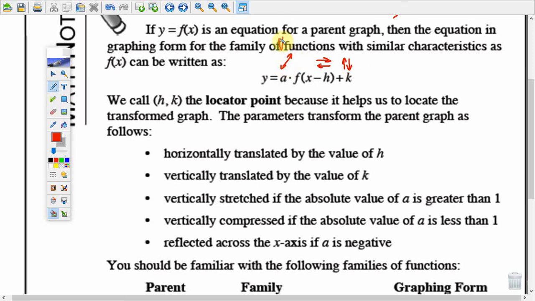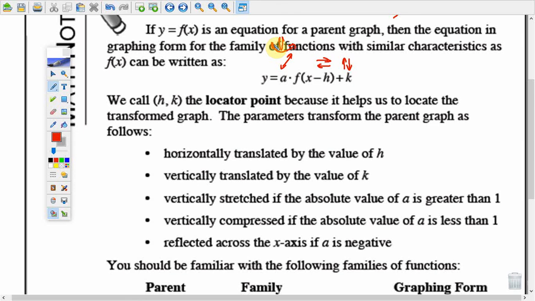That's what gives us tall skinny parabolas versus big open parabolas. It adjusts the location of that y value. And if the a value is negative, we get a reflection across the x-axis. So it gets flipped over the x-axis if we get an a value that is negative.